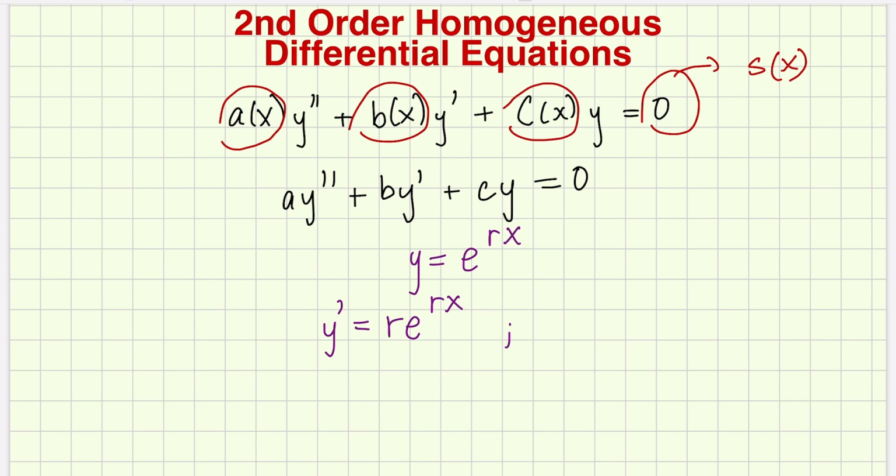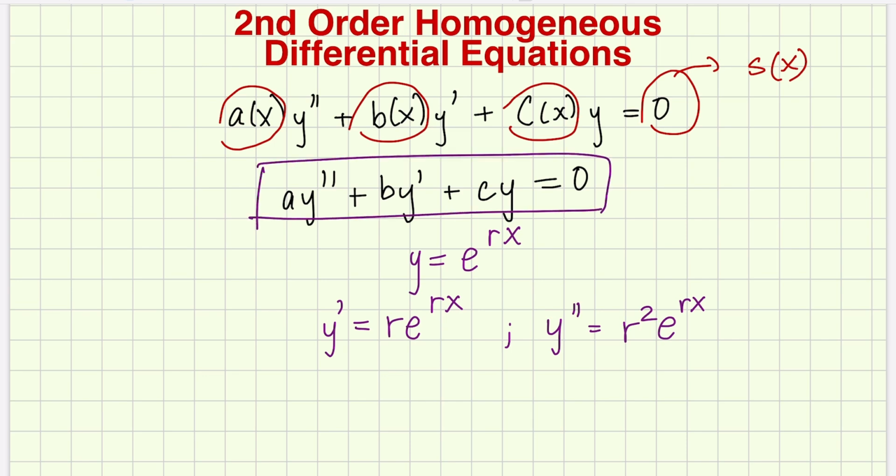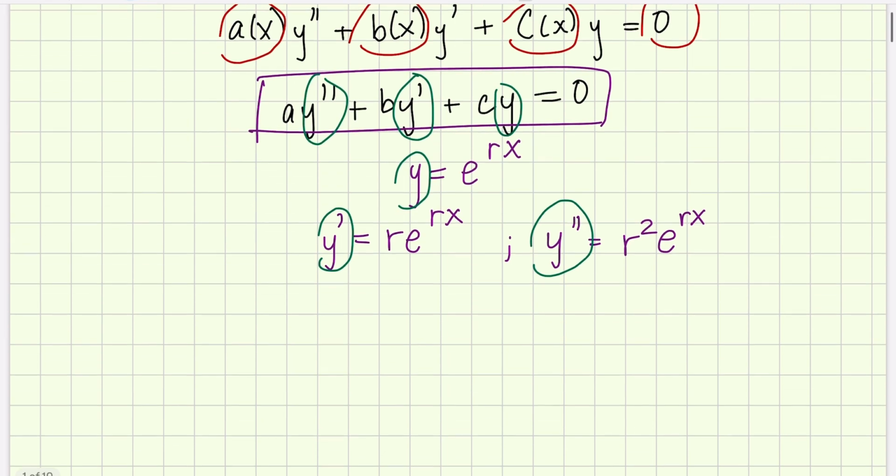And if I differentiate this again, I will get r squared e to the power rx. Now I said that this is a solution to this equation. So if I substitute this, and this for this, and this, what do I get?